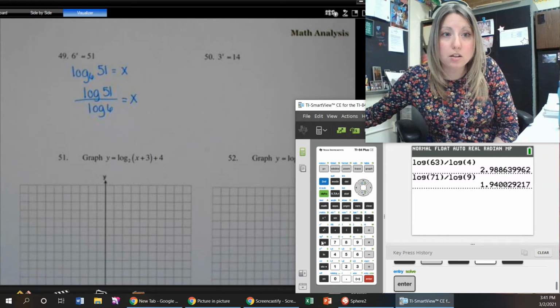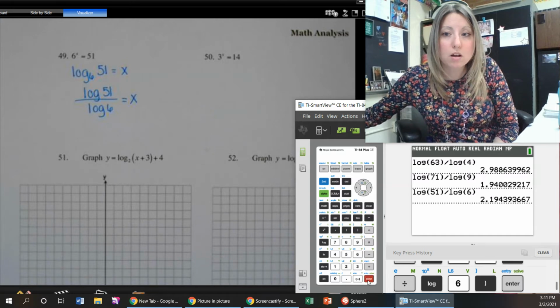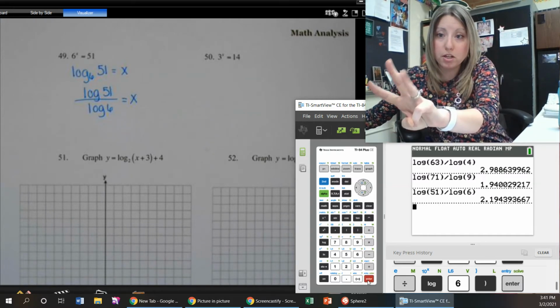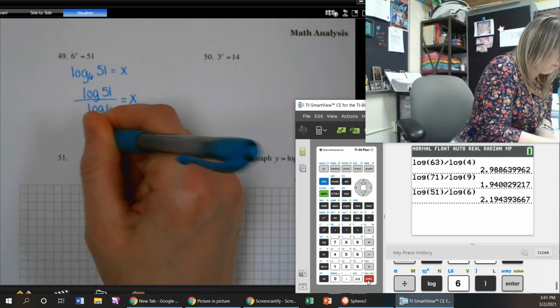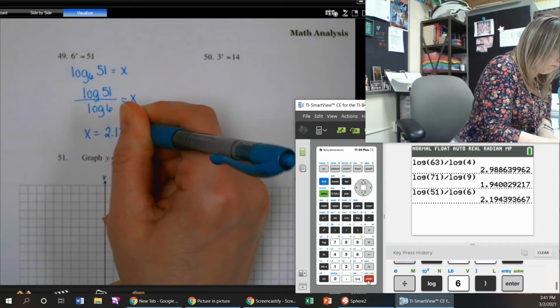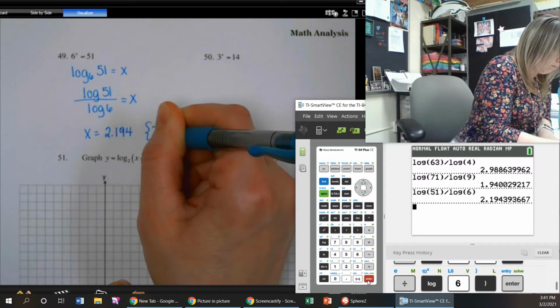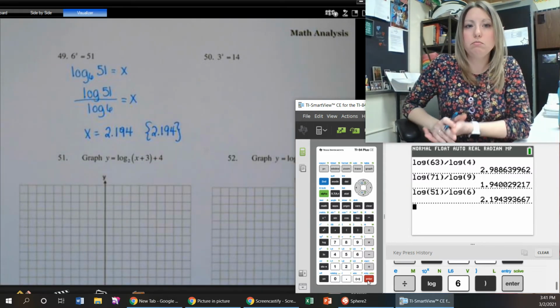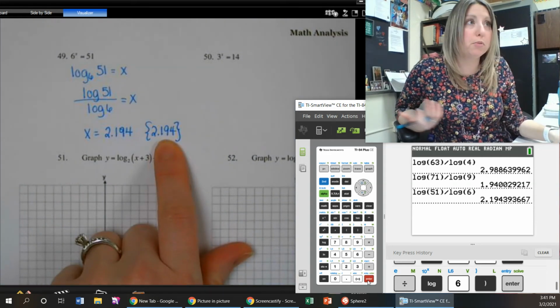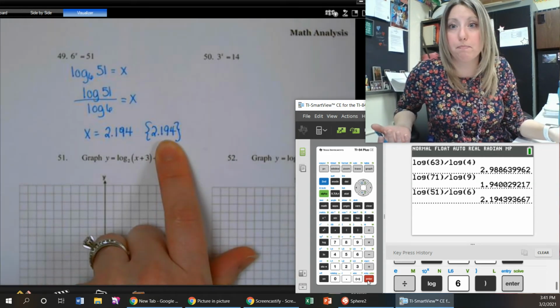So this would be log 51 divided by log 6. Round to the nearest thousandth, 3 decimal places, so 2.194. There you go. That's what you would enter in the Google form because I'm asking you to round to the nearest thousandth anyway.